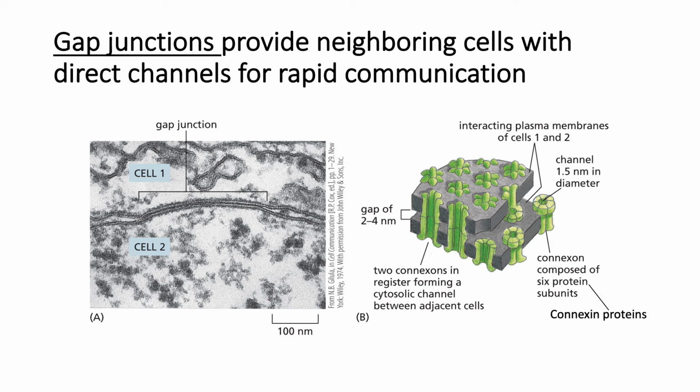So we're here looking at 2 cells, one on top we call cell 1, one on the bottom called cell 2. We're looking at a very small area of the plasma membranes on both of those cells. So the connexin proteins cluster together to form a connexon on the 2 different surfaces of the cell, and then they align themselves up and they link up. And the other thing I should mention is that connexins have a passageway, a pore, that will allow the passage of materials.